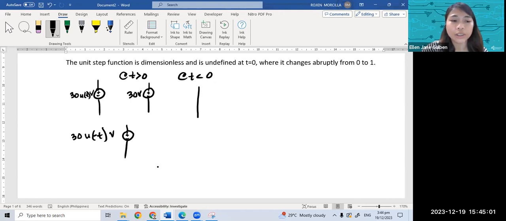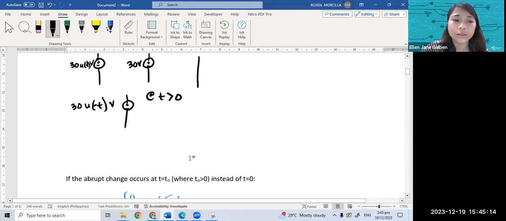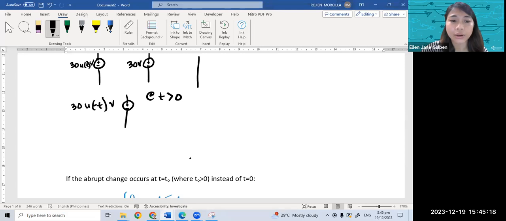So if you have 30 u of negative t, what does it look like? For t greater than 0, you can pause the video and think first. Okay, so 30 u of t, you will get the value of 0 because this is a negative t.